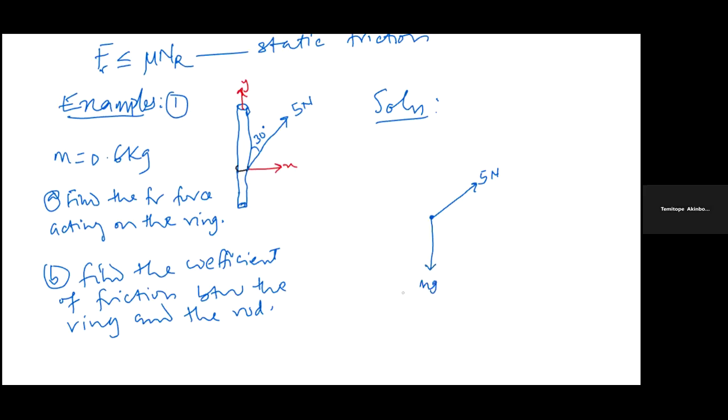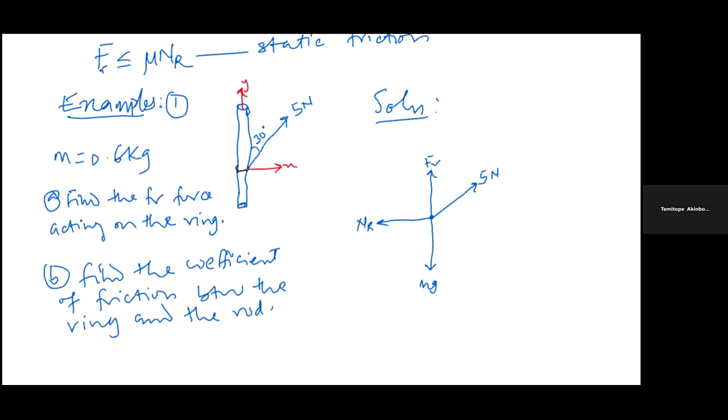Then, as we have said the other time that frictional force opposes motion, the frictional force will act vertically upward. And because we already know that frictional force and normal reaction are perpendicular to each other, the normal reaction will be here. Hope I'm communicating.